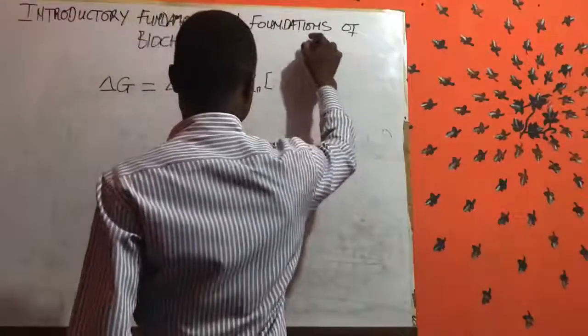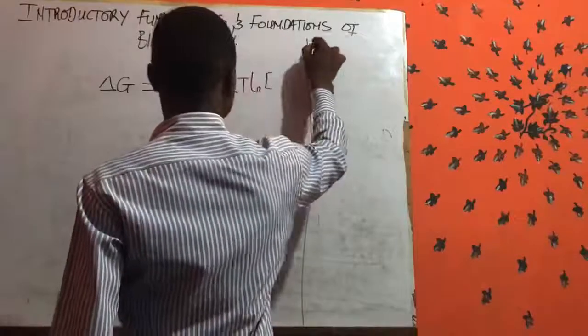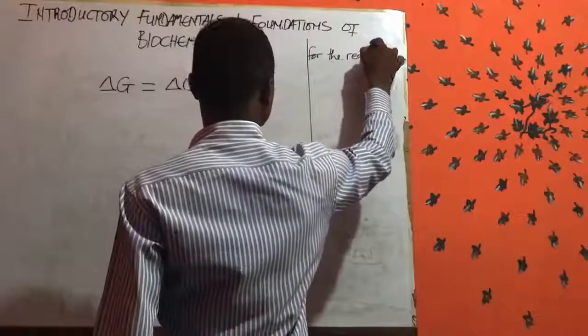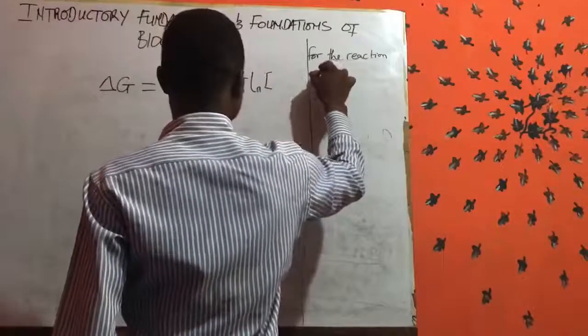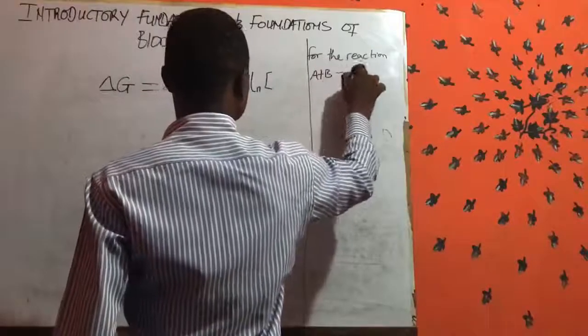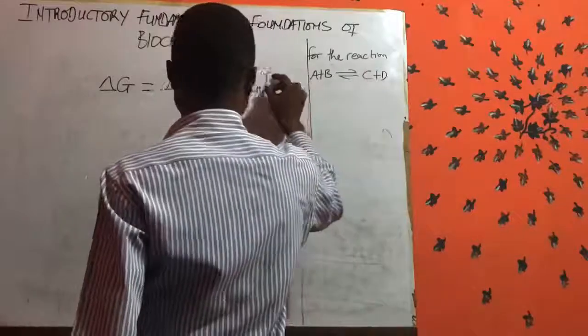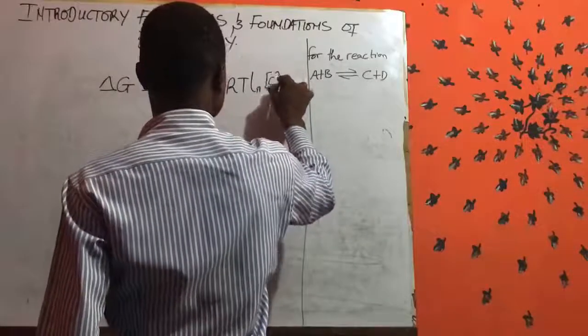For reaction, we are saying, for the reaction that goes this way, that's A plus B, C plus D. So that will be ln, natural logarithm of C.